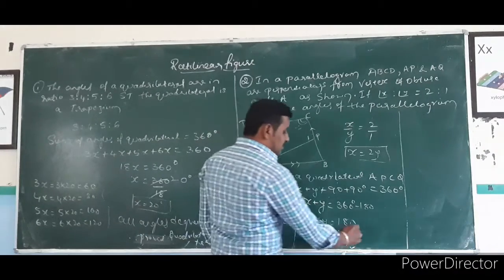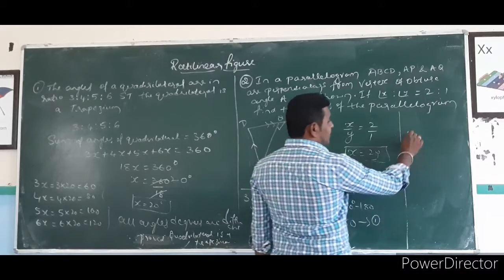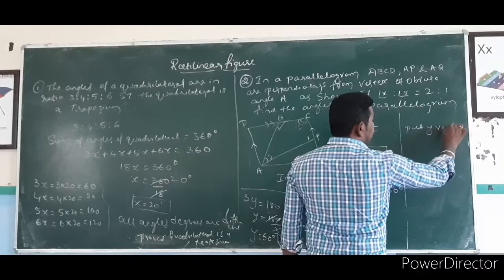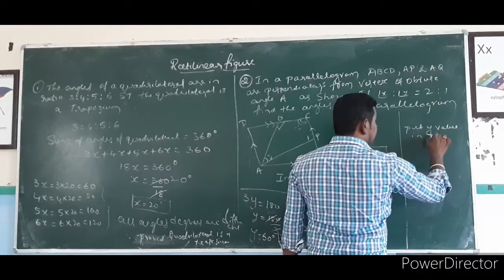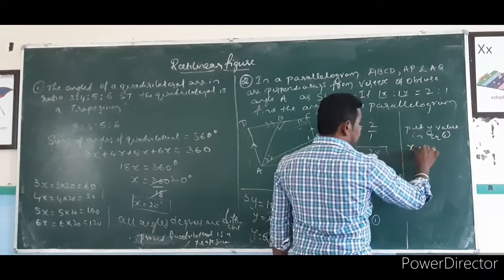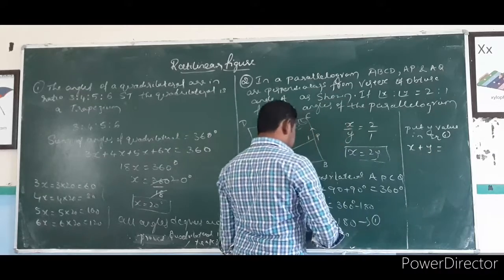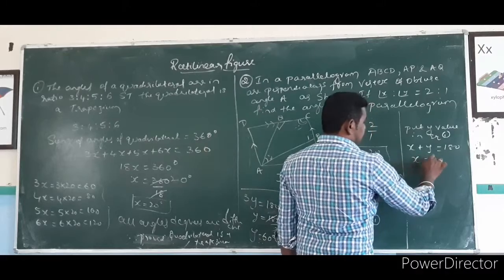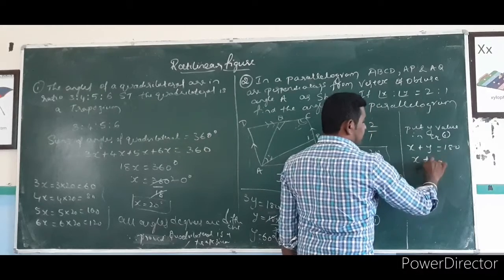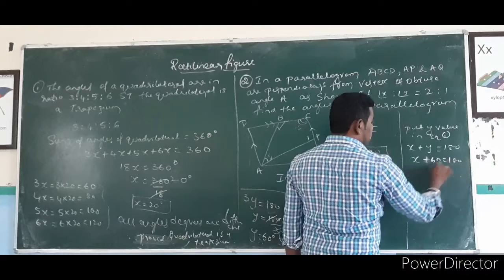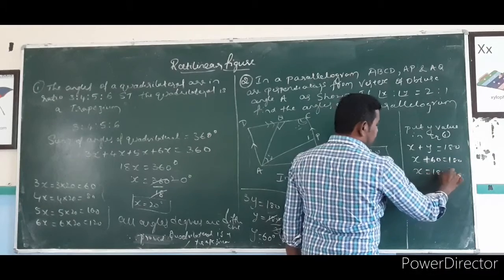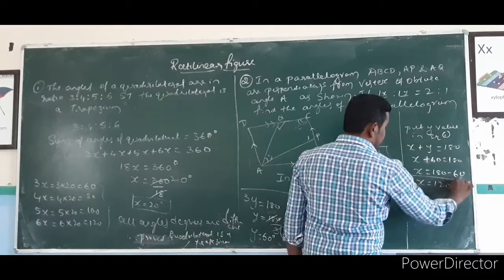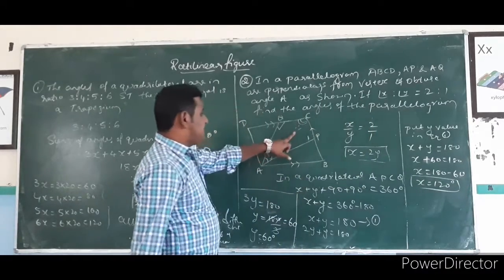So you can put the y value in equation 1. x plus y is equal to 180. So x is equal to 180 minus 60. So x is equal to 120.